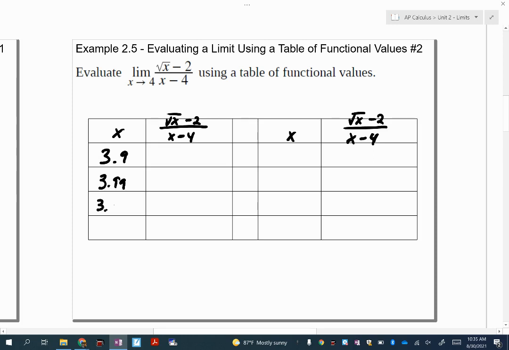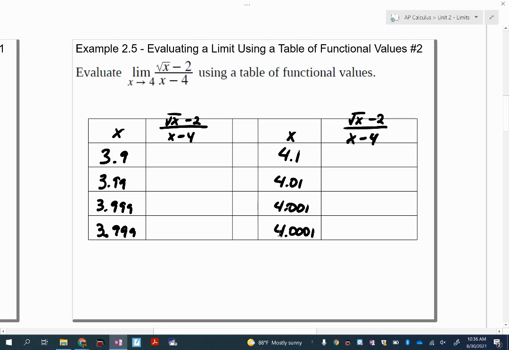So 3.99, lots of 9s. And then from the right, 4.1, and getting closer, too many zeros, getting closer to 4. There we go. All right, so let's plug in some numbers and see what happens as we approach 4 from the left and from the right.